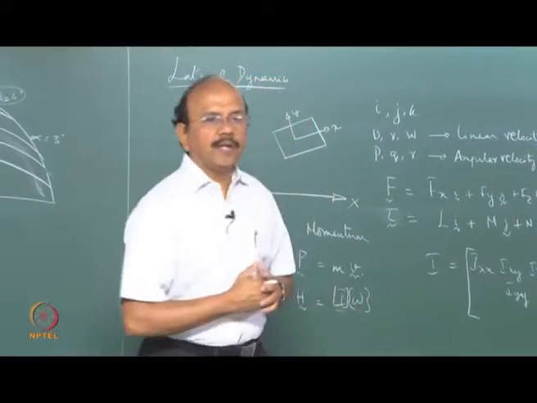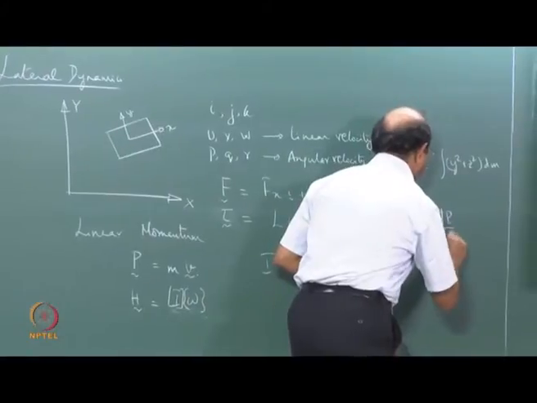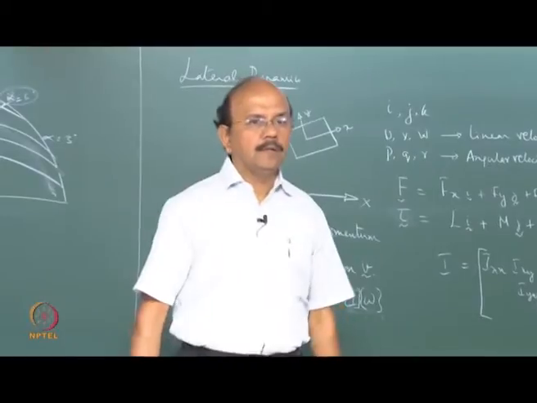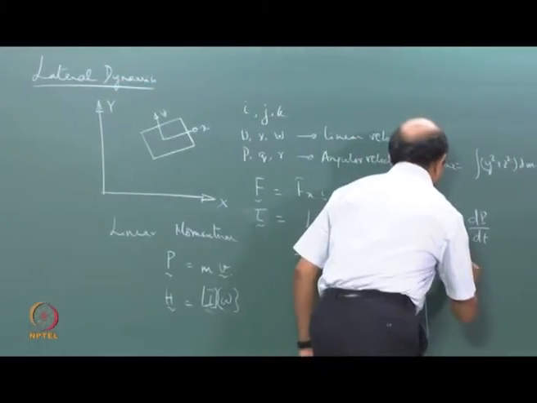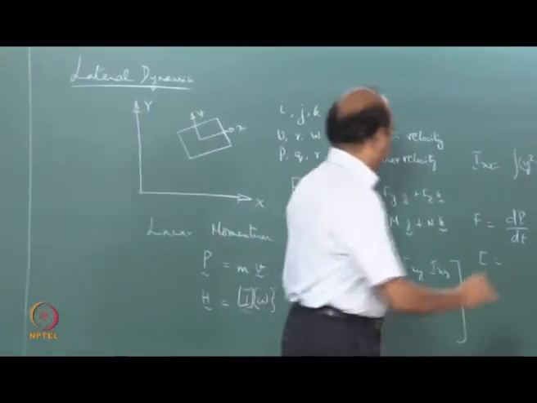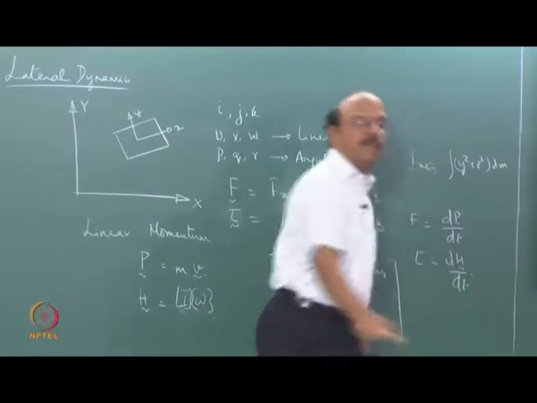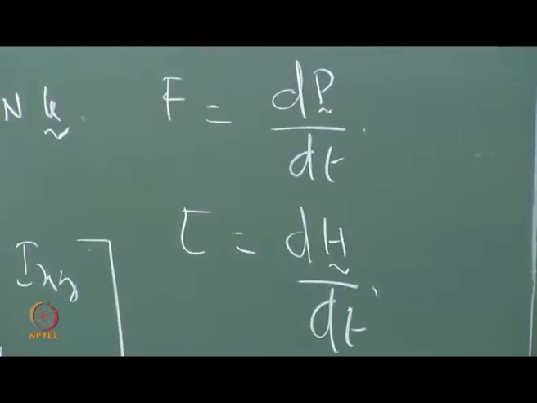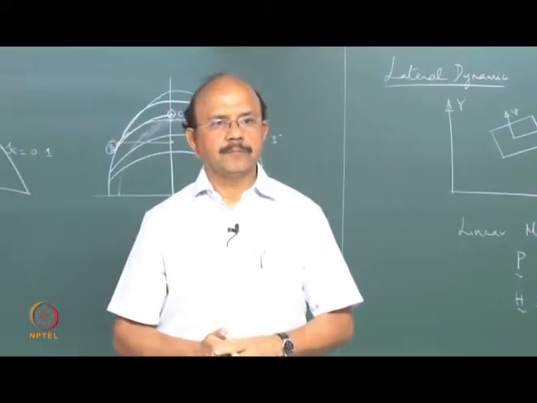So we write F is equal to dP/dt, where P is the linear momentum of the body. Similarly, we write tau is equal to the rate of change of angular momentum, right? So far, it's very simple dynamics.